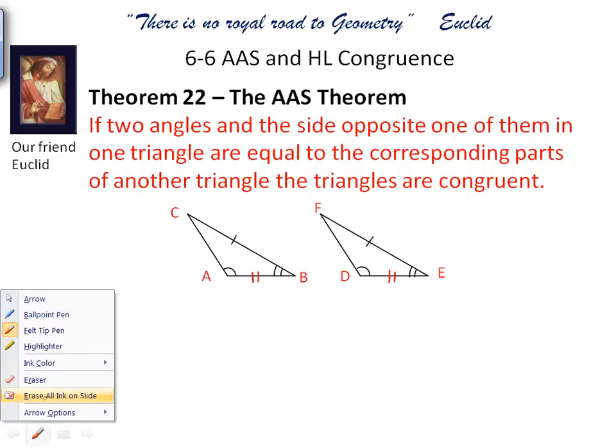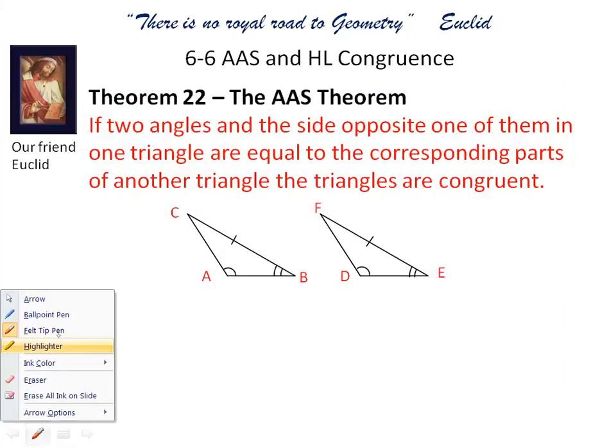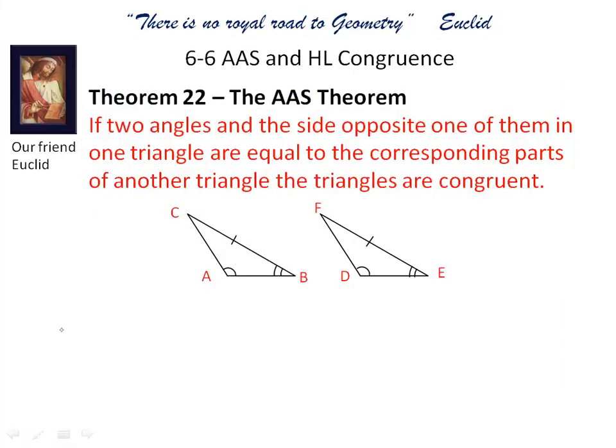Alright, so what's different here is that we've got angle, angle, side. With 2 angles and the side opposite one of them. So here's an angle, and here's an angle, and here's the side opposite one of them.